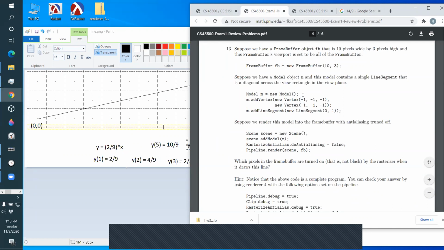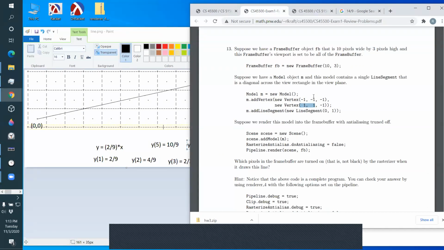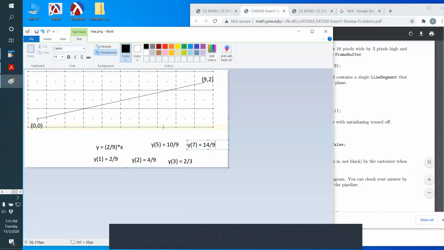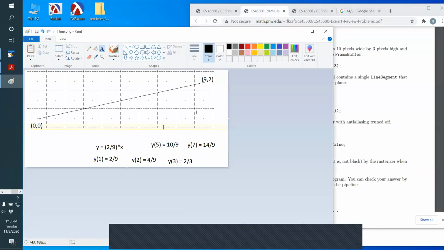I made it so that you just knew that this one is the lower left-hand corner and this one's the upper right-hand corner. Because in the original window in camera space, this is the lower left-hand corner of the view rectangle, and this is the upper right-hand corner of the view rectangle. So you know you're going from that logical pixel to that logical pixel.